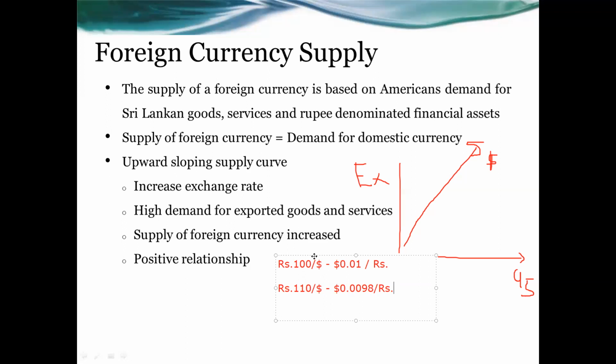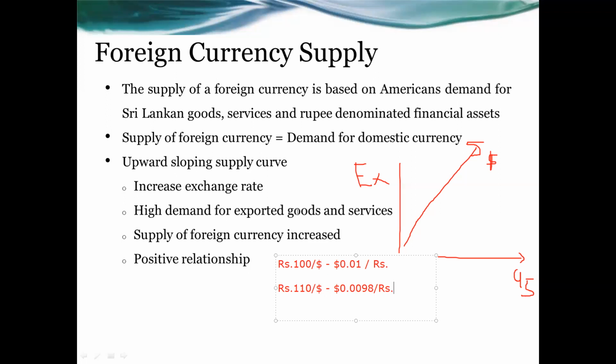As a result, when the dollar value per unit of Sri Lankan rupee is declining, there is a high demand for our exported goods and services. Why? Because our exported goods and services are now getting cheaper for foreign buyers. Therefore, there is a high demand for exported goods and services. When demand for exports increases, there is a supply of foreign currency.